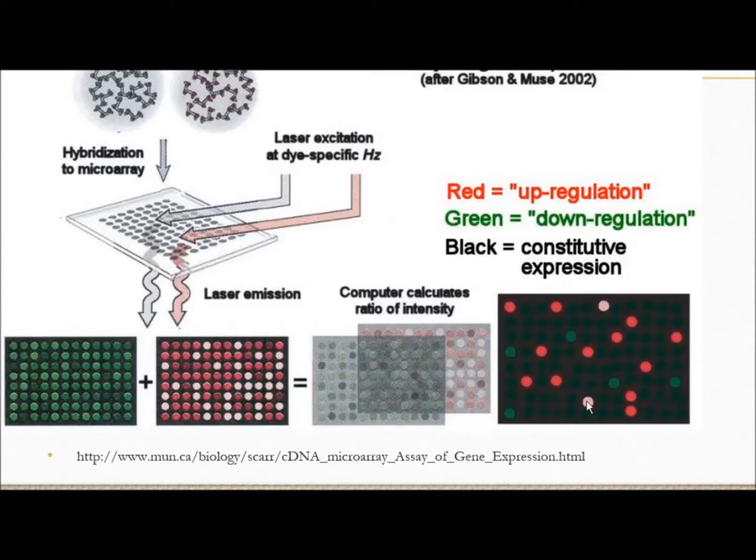And for example, the level of intensity would give you an expression of the level of upregulation, or green would be downregulation. And you could look at it, for example, you could take a healthy tissue, or you could take one where you would have a diseased tissue, for example, a tumor.